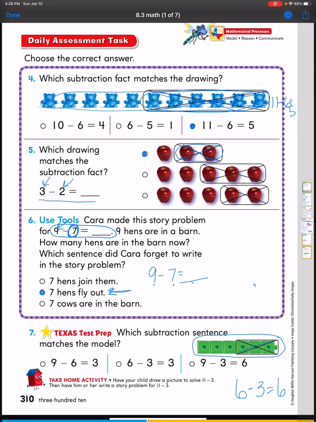So I'm looking for an answer that says 6 minus 3 equals 3. I had 6 blocks. I took 3 away. I'm left with 3. 6 minus 3 equals 3. And that's our answer.